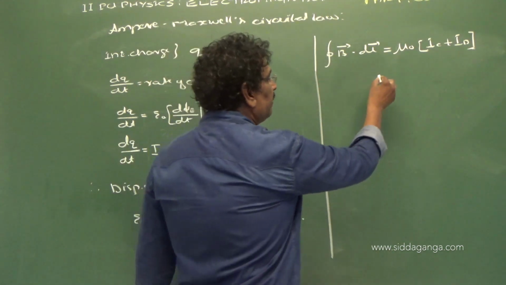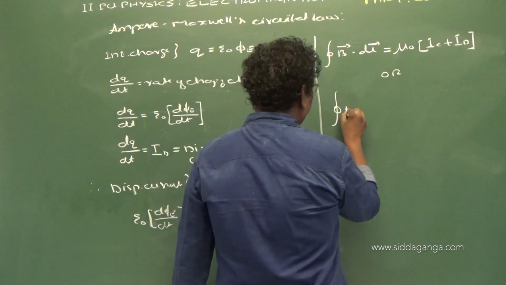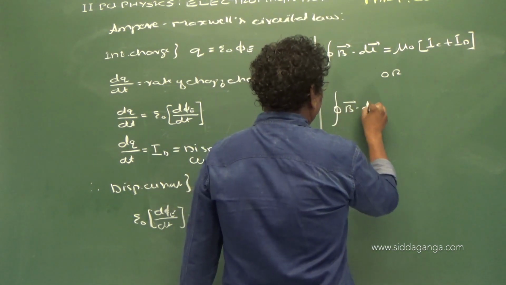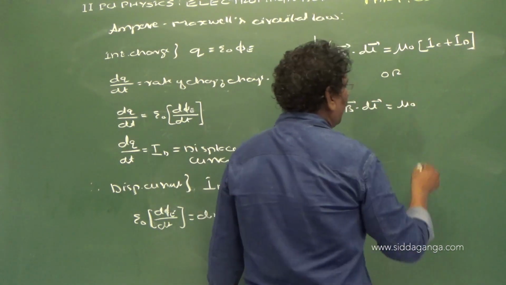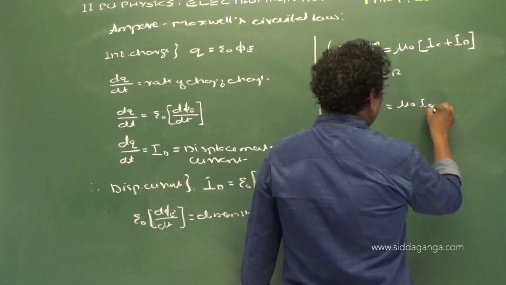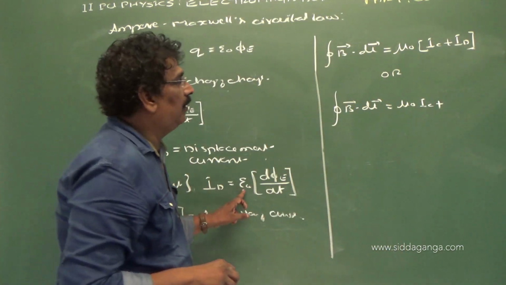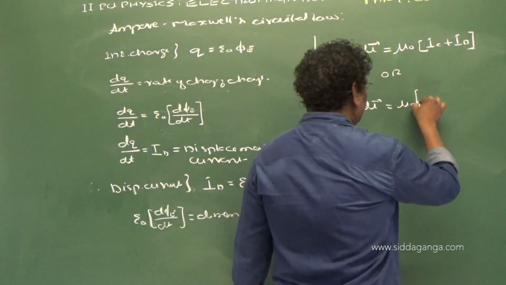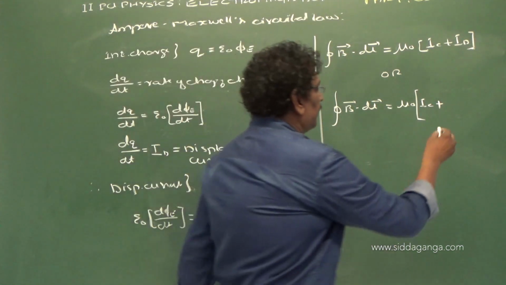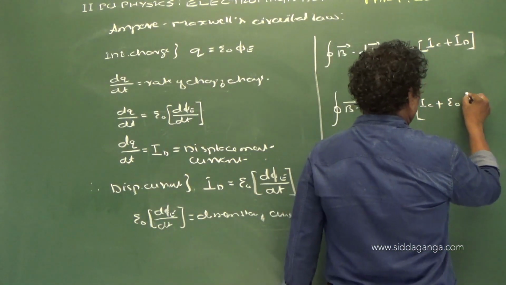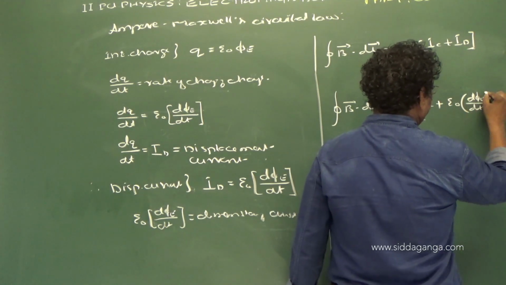Or this law can be written as the line integral of B dot dl is equal to mu naught into IC plus mu naught into ID, and what is ID? Epsilon naught d phi E by dt.